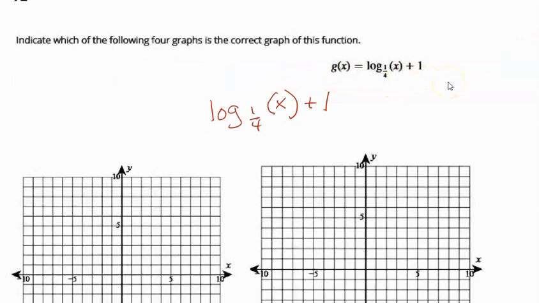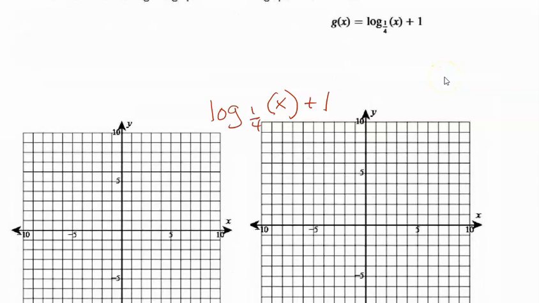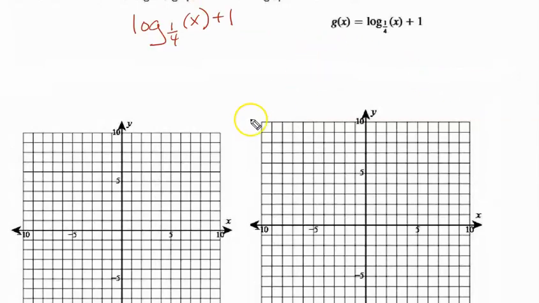In our last example, we have this to match up with graphs. And as we look at this, I put a couple of blank ones here so we could play around a little bit. So again, the protocol was just to do this one first without any transformation, and this is going to look like this.